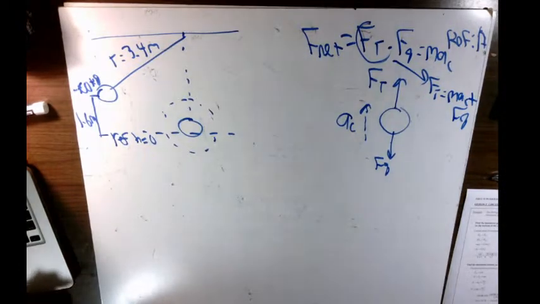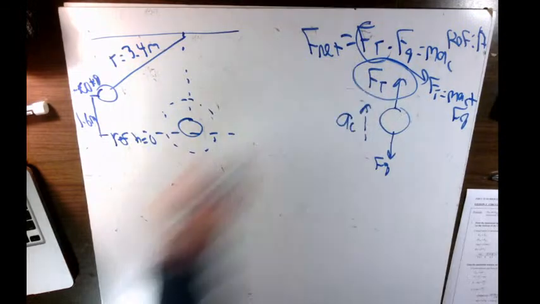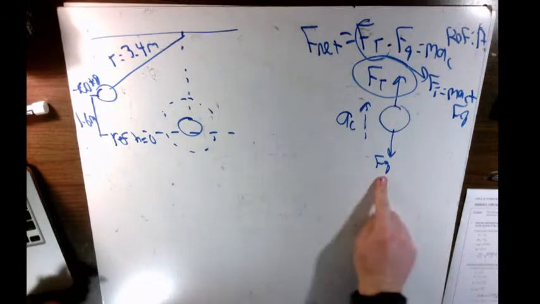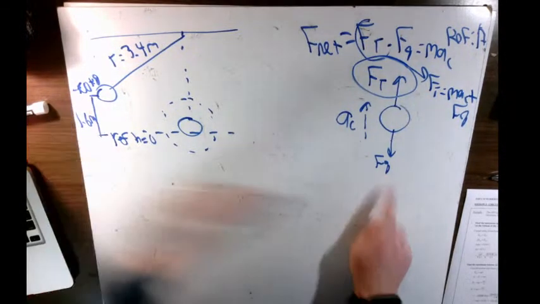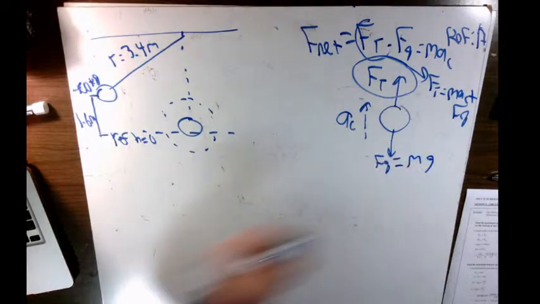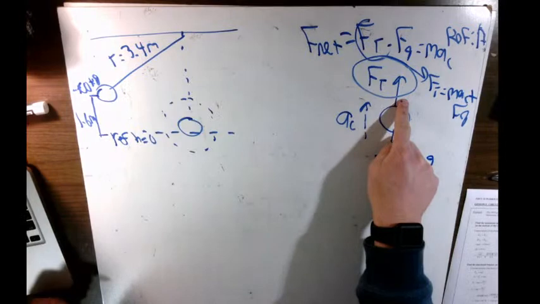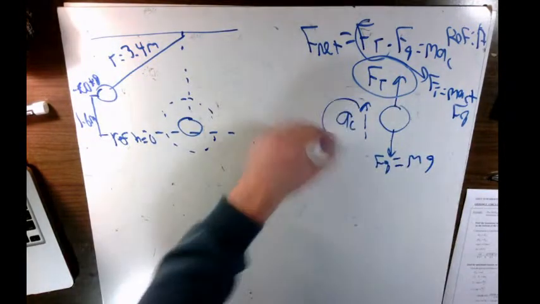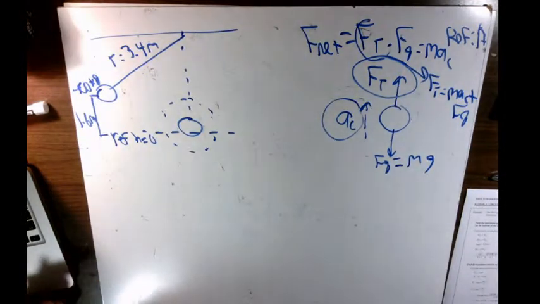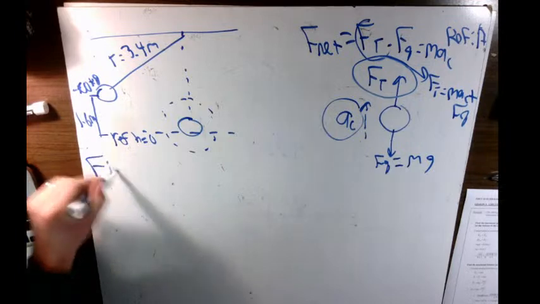So our end goal is to find this value here. We already know force of gravity from mass and gravity. In order to actually solve for this tension, though, we're going to need our centripetal acceleration. So that's going to be our first step. The question doesn't tell us anything about speed, doesn't tell us anything about period. But if we think about energetics, we can actually calculate the speed at the bottom.